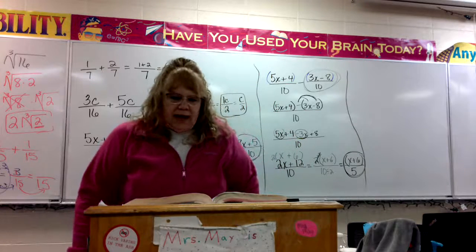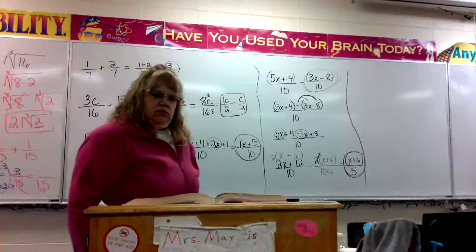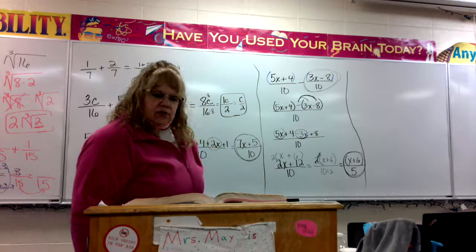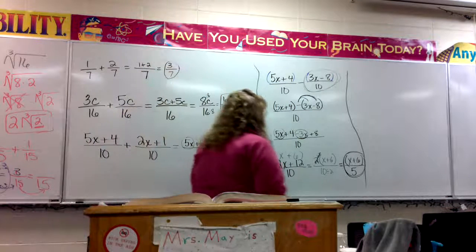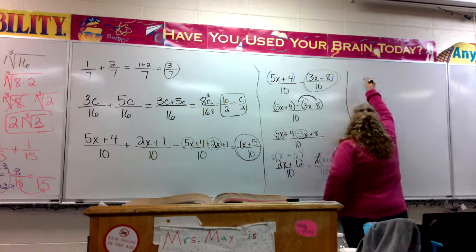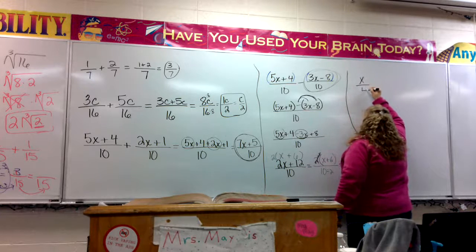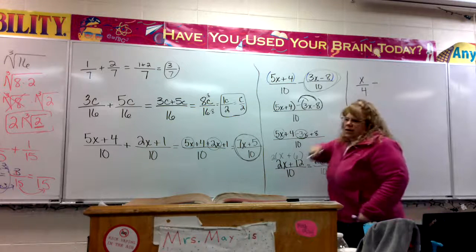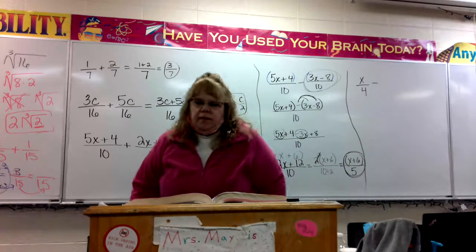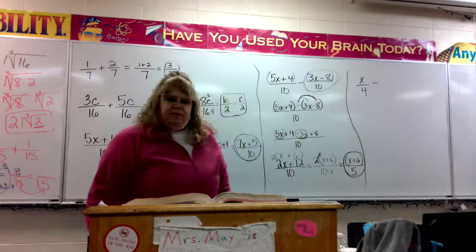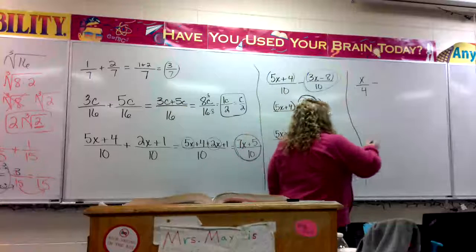But now what happens if you don't have a common denominator? I have x over 4, take away 5 plus 12x over 18.